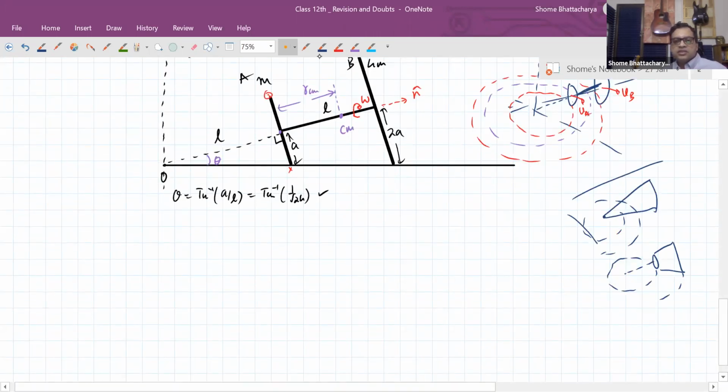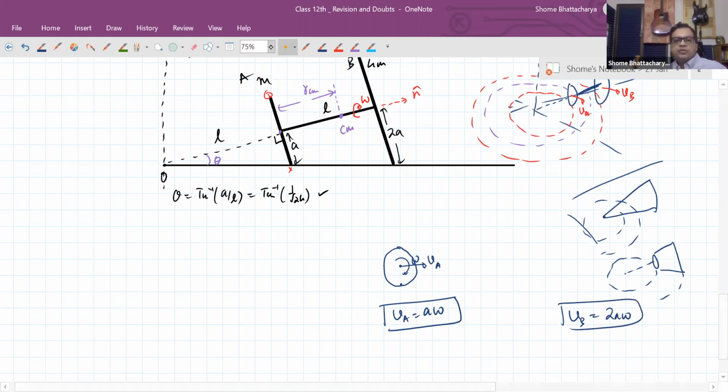If you see the side view of disk A now, its center is going like this, and about the center it's got omega like this. So this point is not slipping. So the center of disk A is moving at a speed of A omega. Similarly, the center of disk B is moving at a speed of 2A omega.